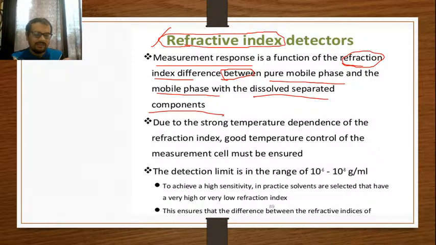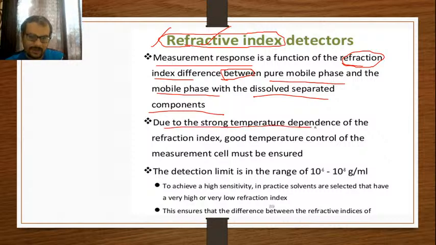When these 2 show differences in the refractive index, these differences will be detected by these detectors, and you will come to know the components and their quantity by using the differences in the RI, that is refractive index.